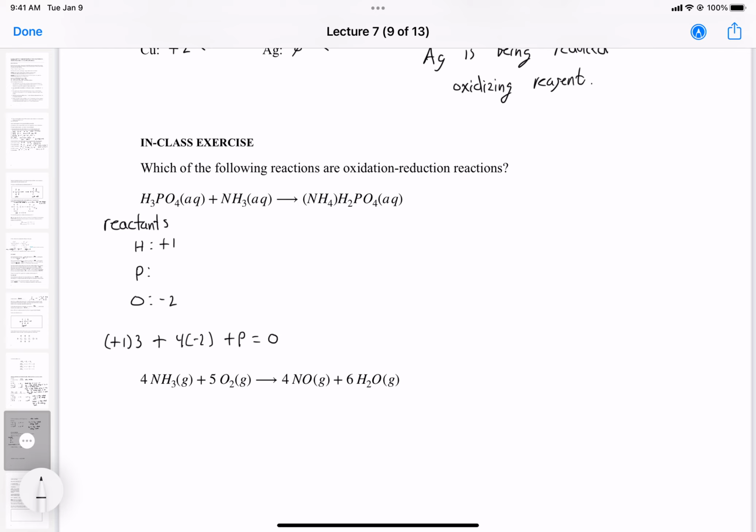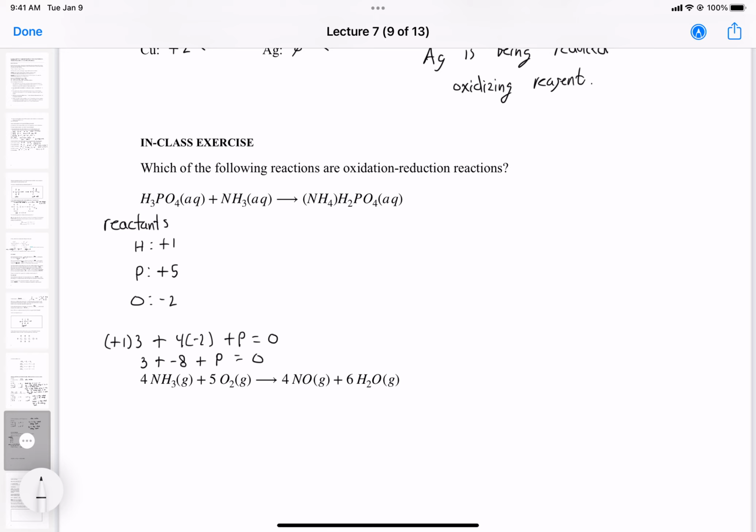So 3 plus -8 plus phosphorus equals 0. So phosphorus should be +5, right? Because -8 plus 3 gives us -5. In this case, phosphorus is +5.